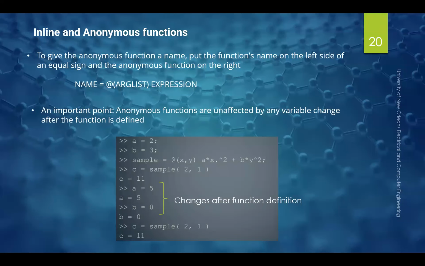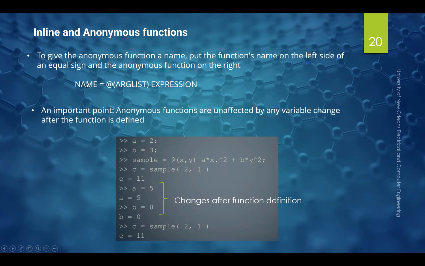So to give the anonymous function a name, we put the function's name on the left side of an equal sign. So this will be the name of the function, right? And the anonymous function on the right. This is the format. We have the name of the function on the left.